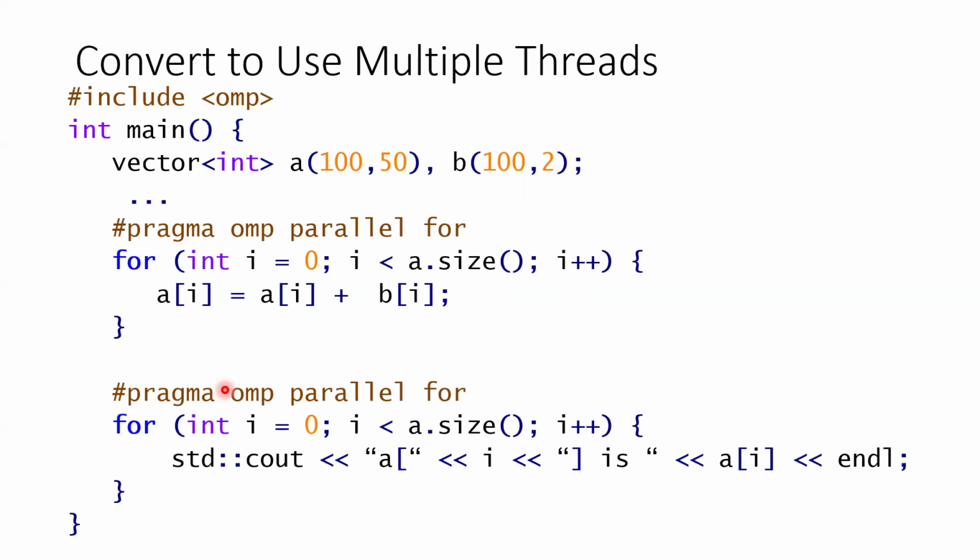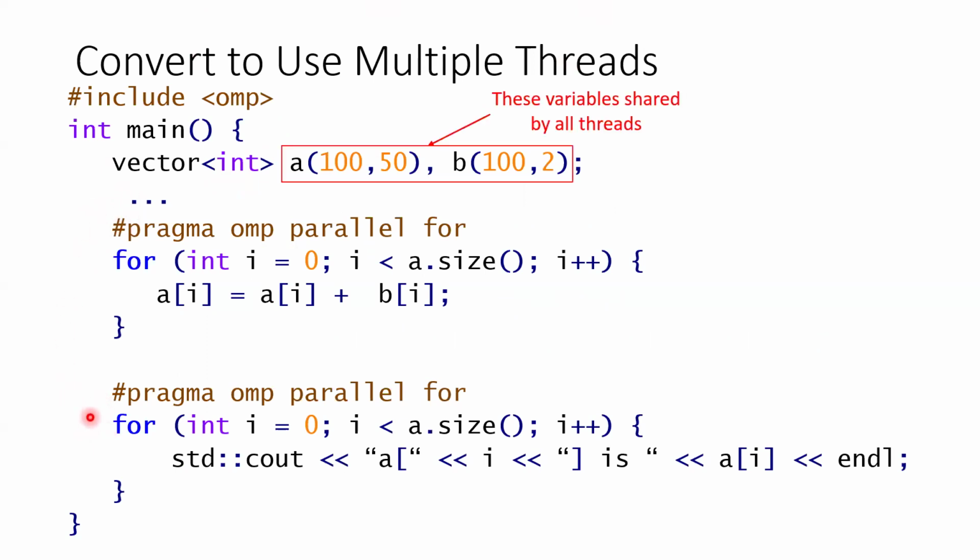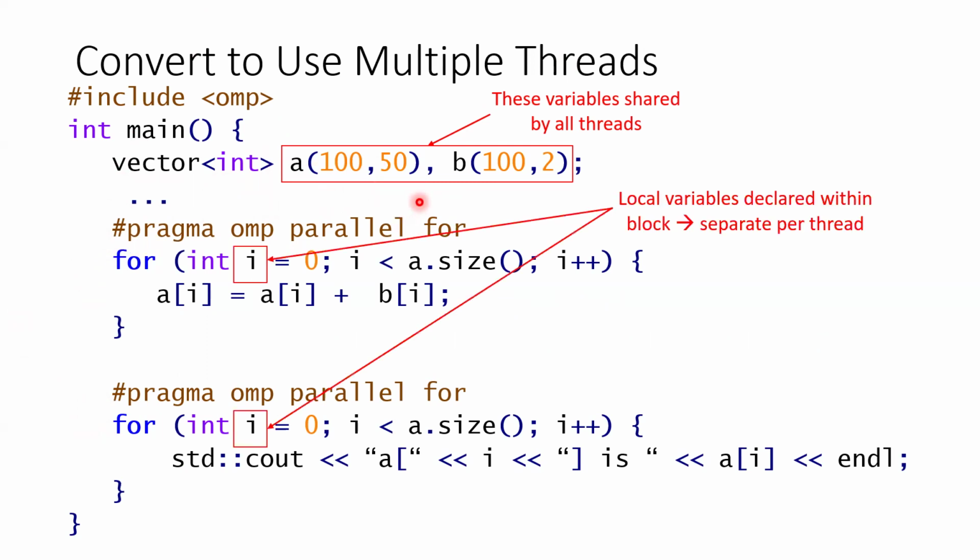If we convert it using multi-threading, converting the two for loops, because A and B are declared before multi-threading starts, they are shared memory. And because the integer i's and everything inside the for loops are declared after making them parallel, these are local variables that are not shared.